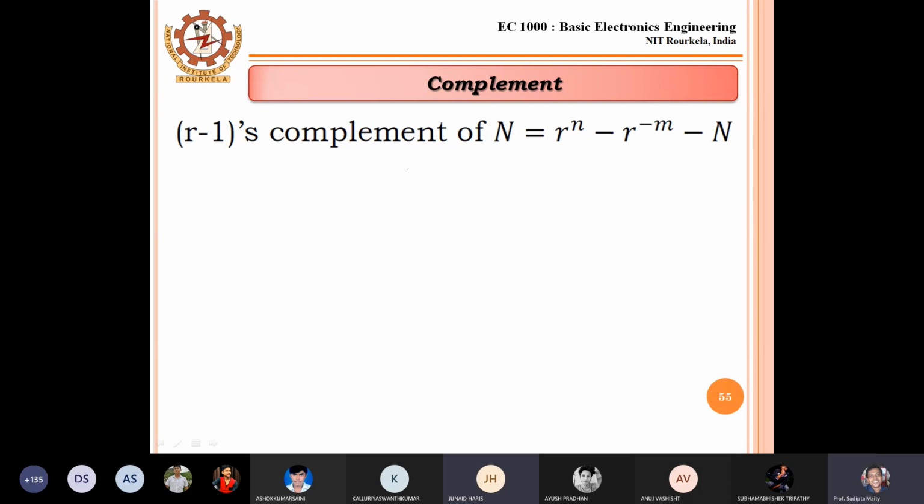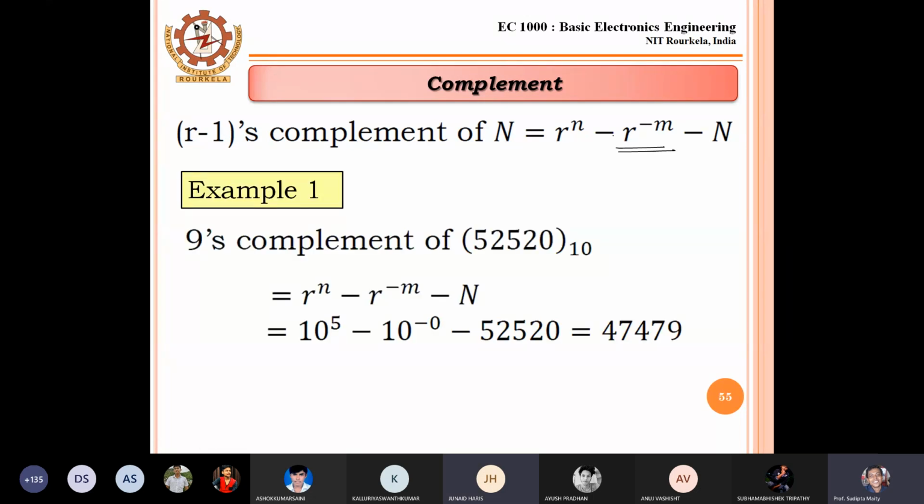Now again, r's complement we have learned. Now it is the r minus 1's complement. The formula is the same except for this bit: r to the power minus m has to be subtracted. So in the first example, we have to find the r minus 1's complement. Here it is the 9's complement, so r minus 1 equals 9.